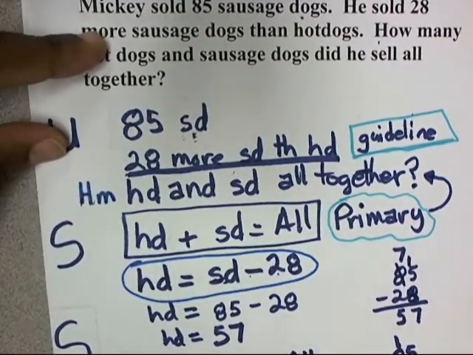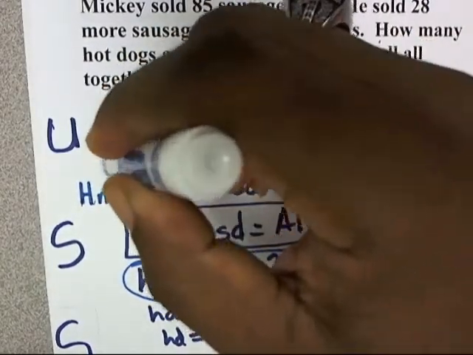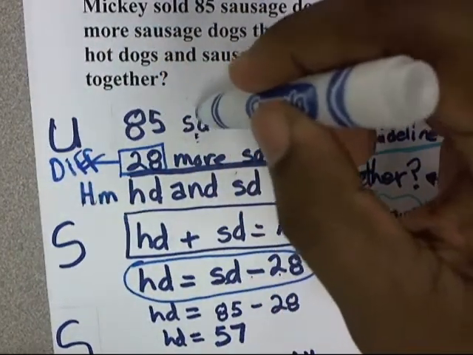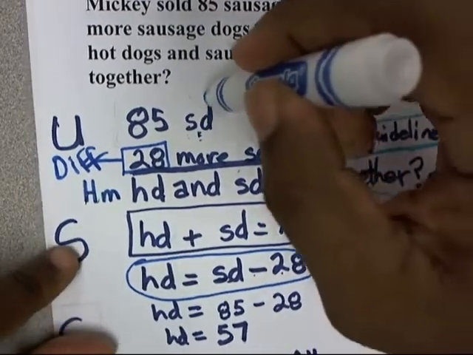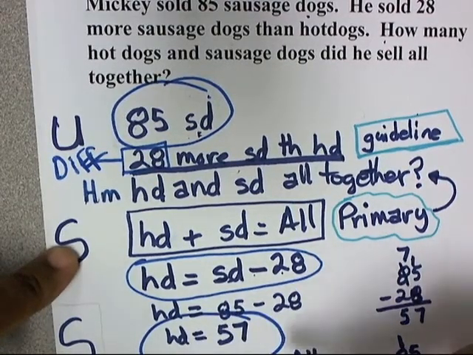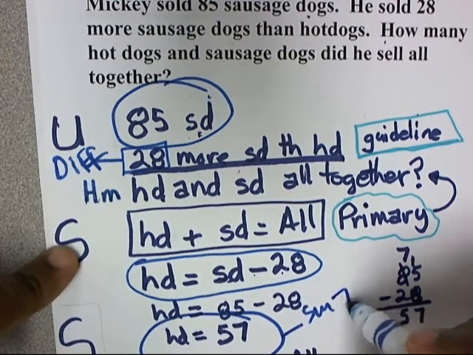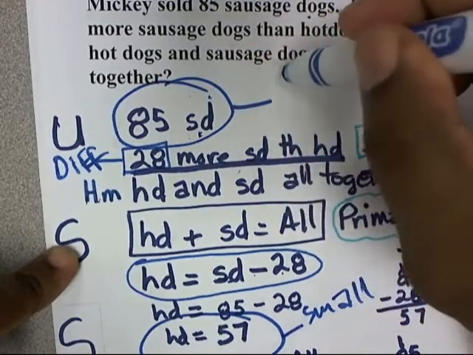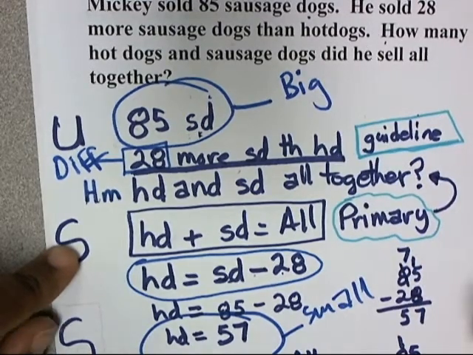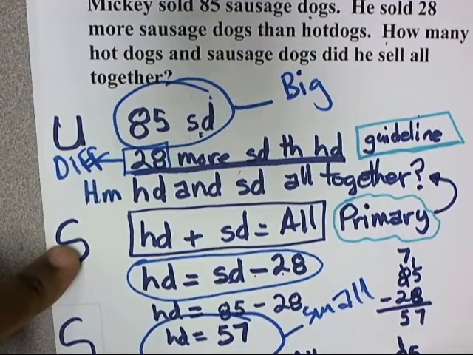Remember that we talked about how 28 is the difference. 85 is the sausage dogs, and 57 is the hot dogs. 57, the hot dogs, is your small unit, and the big unit is the sausage dogs. 142 is your sum.